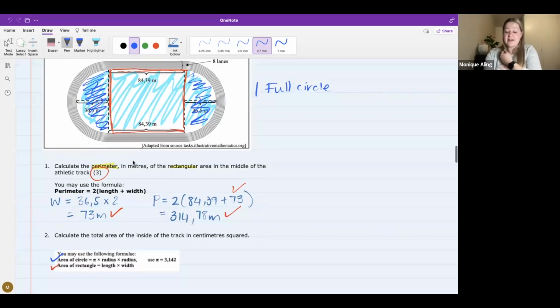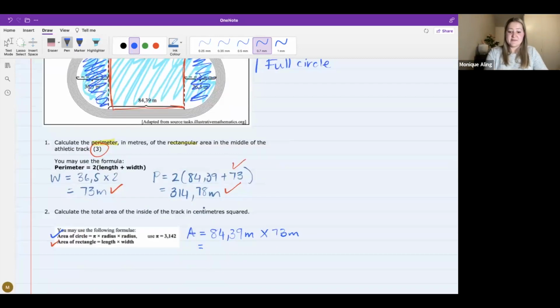So let's have a look at area of the rectangle. So it's our length times width. Okay, so let's convert that to centimeters.